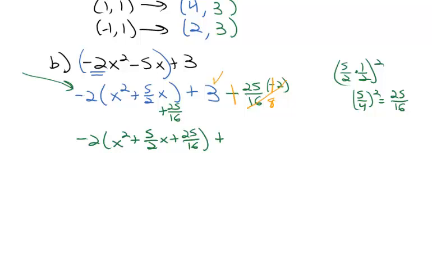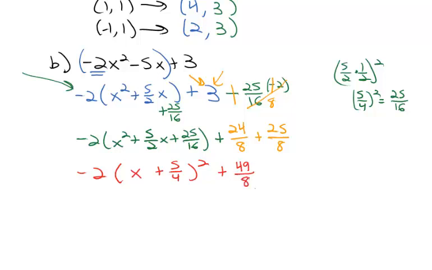So I'm going to get this 3 to have a common denominator of 8. And 3 times 8 is 24/8 plus 25/8. Now we can factor that perfect square to negative 2 times x plus 5/4 squared plus 49 over 8.